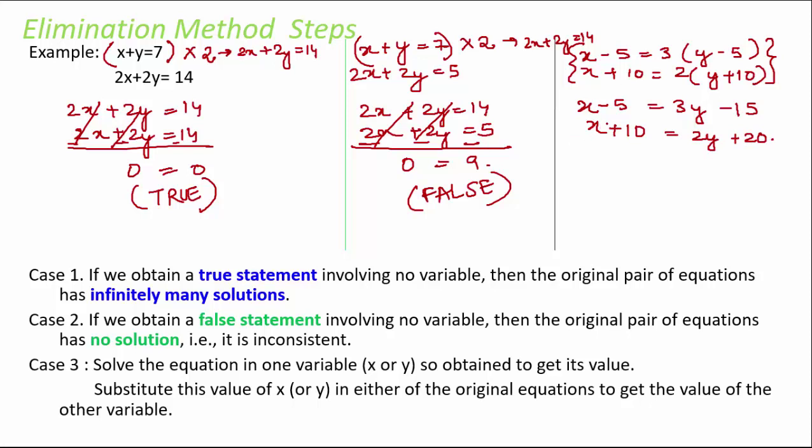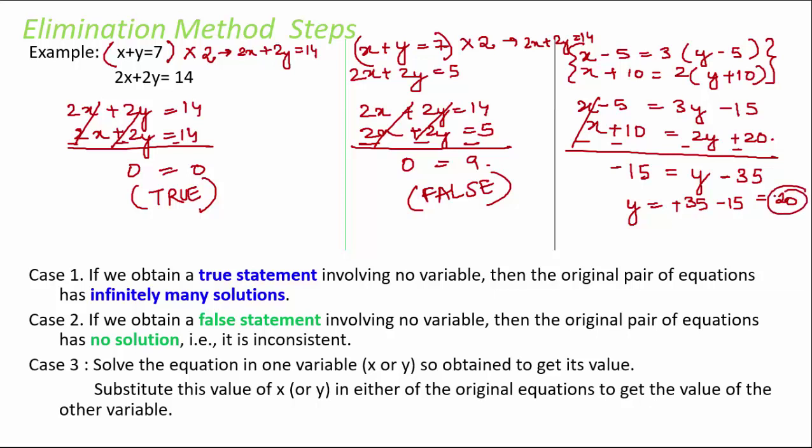Now here we see there is no need to multiply because the coefficient of x is already the same. So we can just subtract these two equations. So x gets eliminated. On this side we get minus 15 is equal to y minus 35. So y is equal to plus 35 minus 15, which is equal to 20. So y is equal to 20.